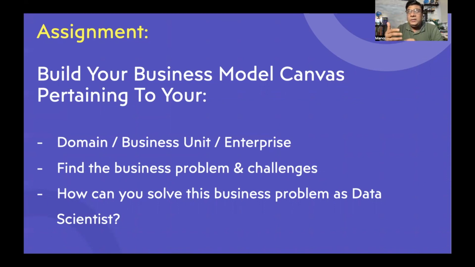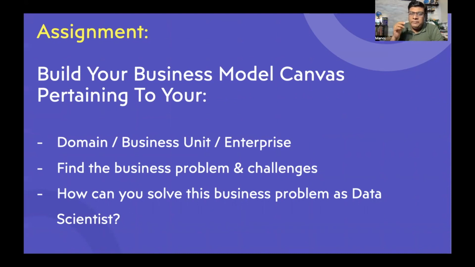The previous batch students have also done a lot of research into this. They figured out their own companies, like people working with Infosys, HCL Technology, IBM, ICICI Bank or HDFC Bank. They have gathered a lot of good data points and created these. You can take a reference from this, and your assignment is to build your own business model canvas pertaining to your domain, your business unit, or your enterprise.